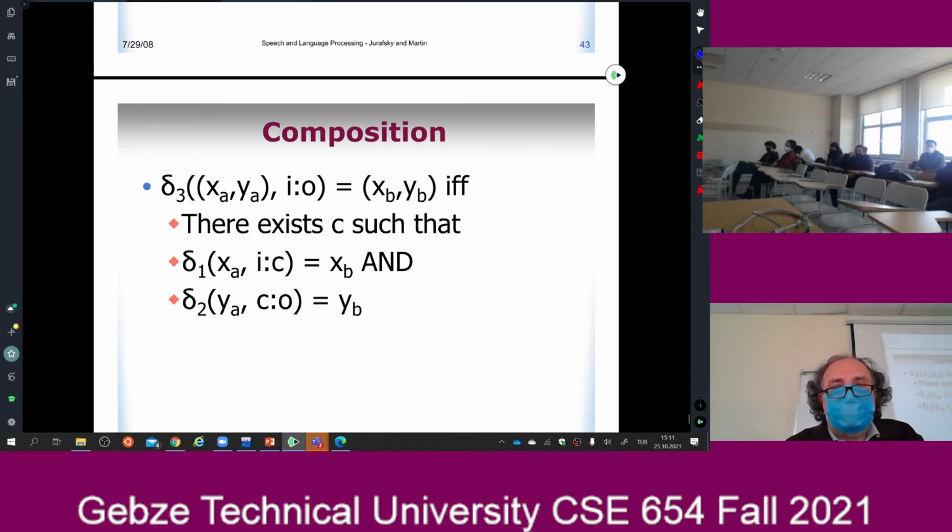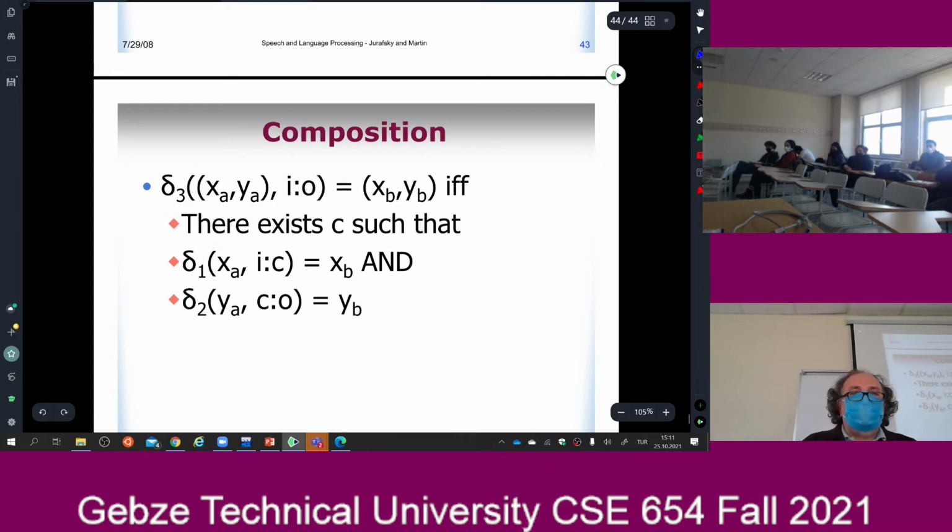This one says that for your new state XY, for this input there is an output, and your new state will be XB, YB. You do this if and only if in your first finite state automaton, for this state your input has this output and leads to this state, and there is another rule in your second finite state automaton that will carry your Y state to the B state, YB.